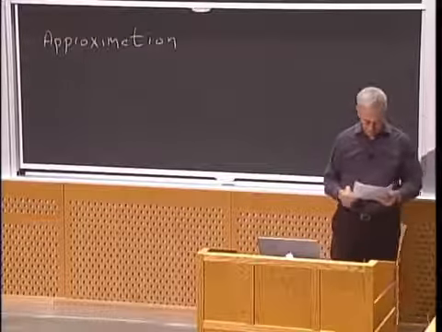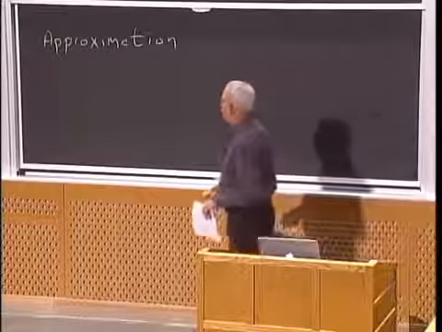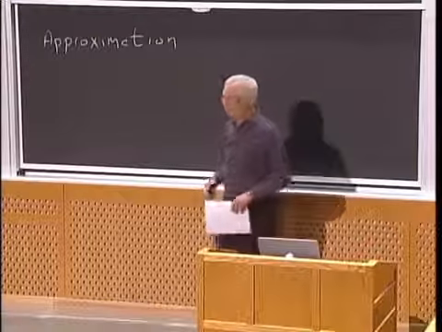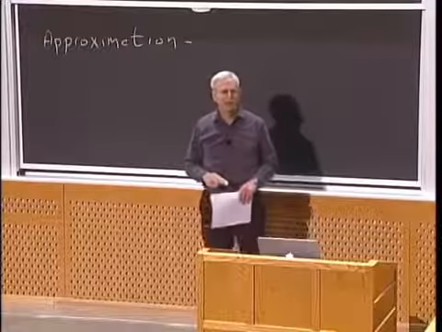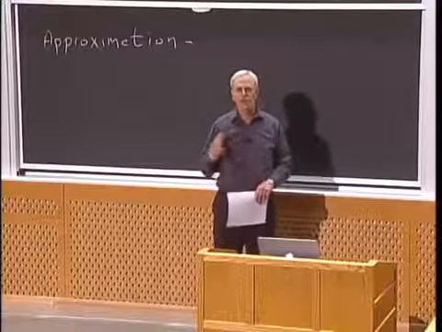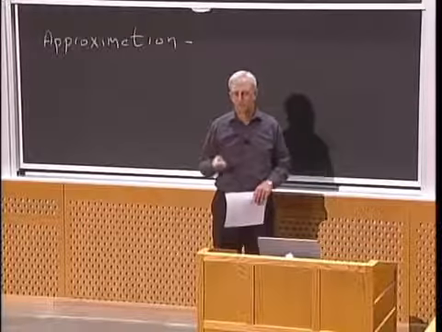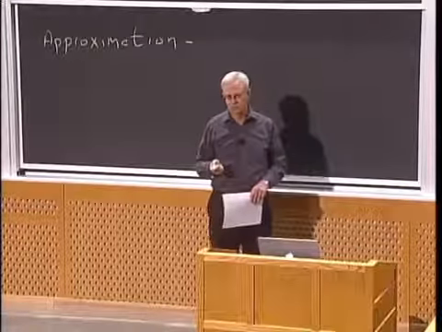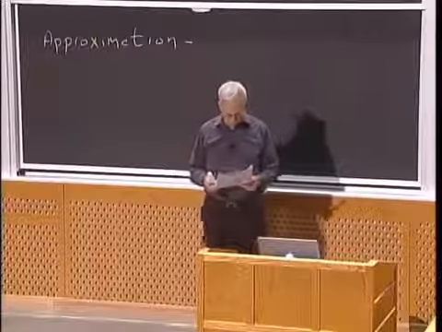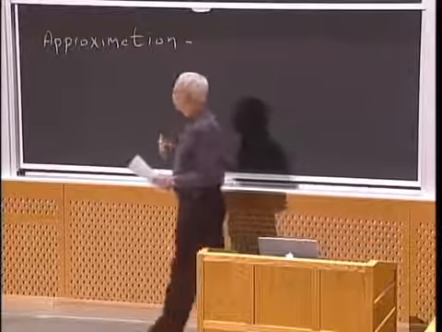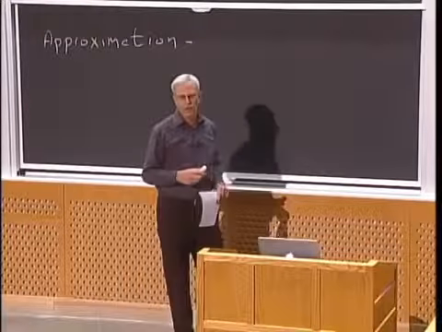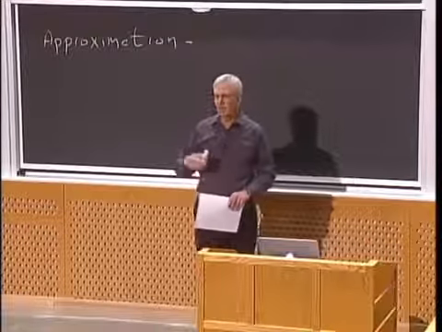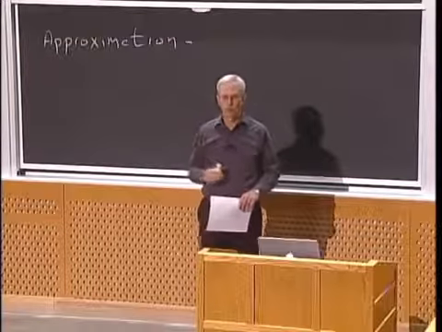How do we think about this? Typically, what we do when we think about an approximation is we define how good an approximation we're willing to accept. So, for example, we might want to say, all right, I want to find a square root that lies within epsilon of the true square root.